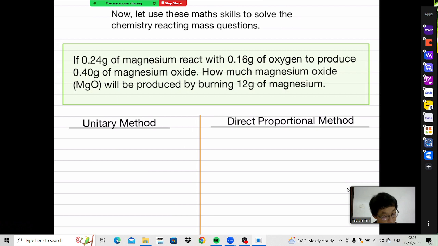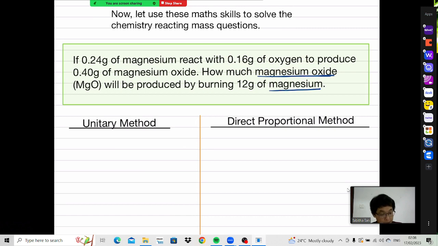They ask how much magnesium oxide, that is the unknown you are looking for, will be produced by burning 12 grams of magnesium. These are the 2 players you're interested in. That means oxygen, you're not interested, so just leave it. You will focus on only magnesium and magnesium oxide.